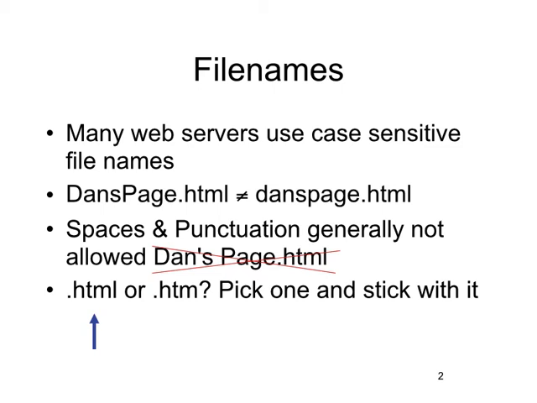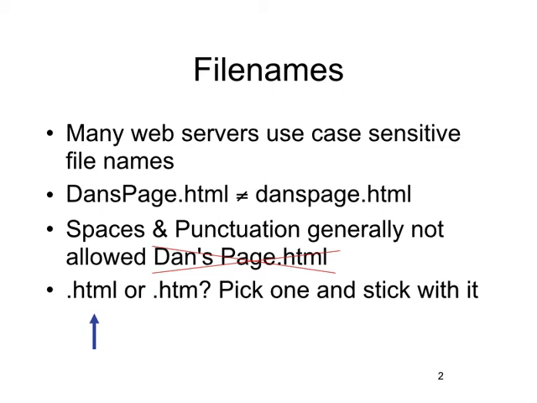So if you were absolutely confident that your web page was going to end up on a Microsoft server, then you might be a bit more loose with your file names. But if it's to go on a Unix machine, you need to be more strict. Also, mypage.html and mypage.htm are not the same thing at all.